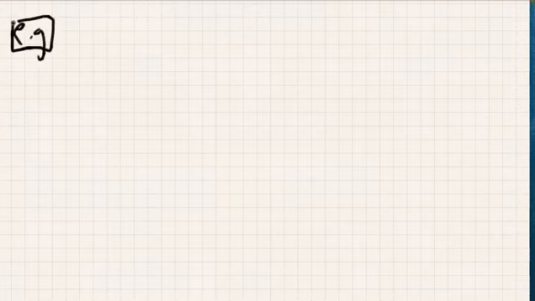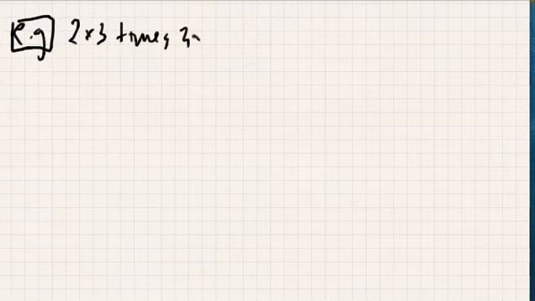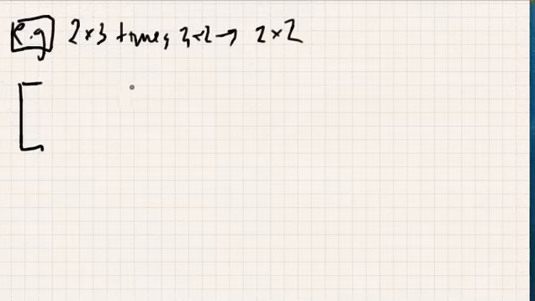Now let's do some explicit examples here. The first one I'm going to do is, let's do, say, a 2 by 3 times a 3 by 2, so the result will be a 2 by 2 matrix. And I'm just going to make the numbers kind of small to make things faster to do.